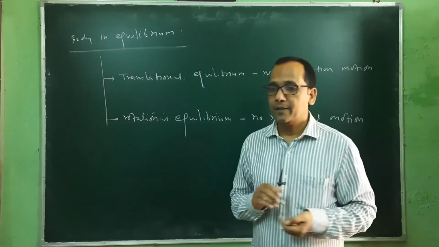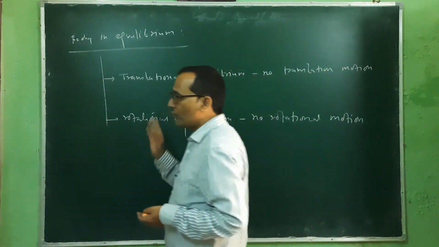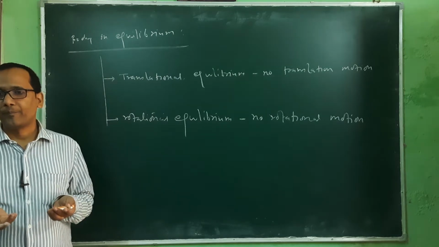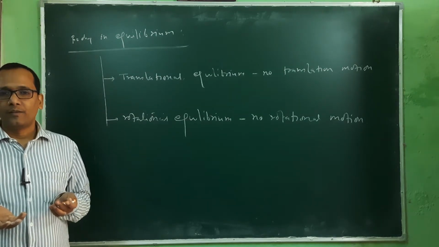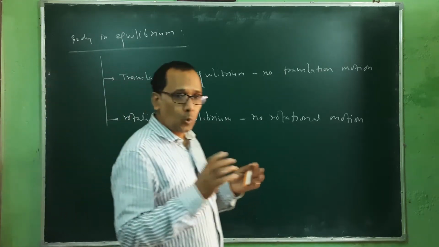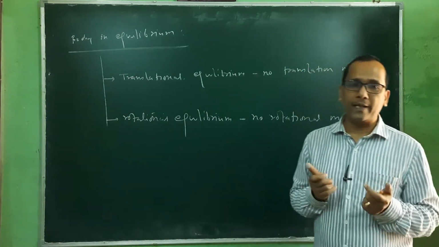Okay, what does it mean? First condition, if there is no force, there is no torque, external and internal, that body is in equilibrium. Second, force is applied, but the total sum of force is balanced, it is zero.